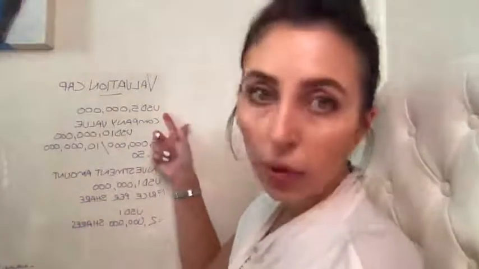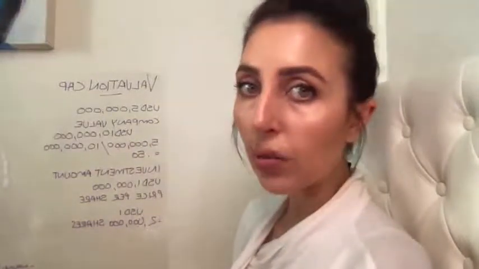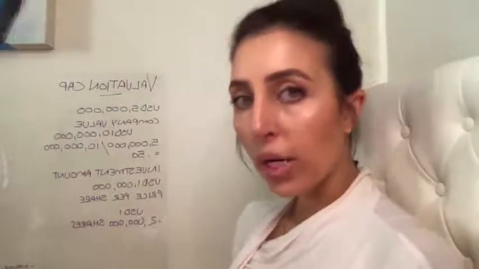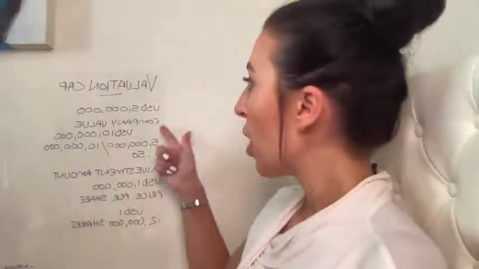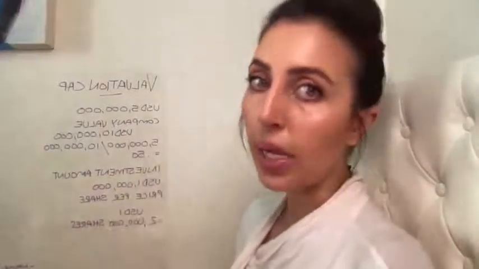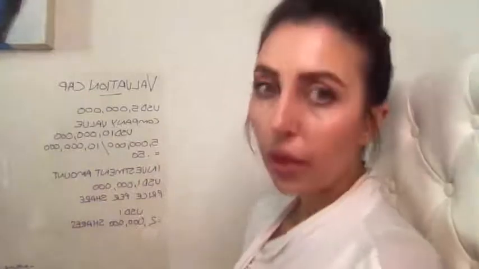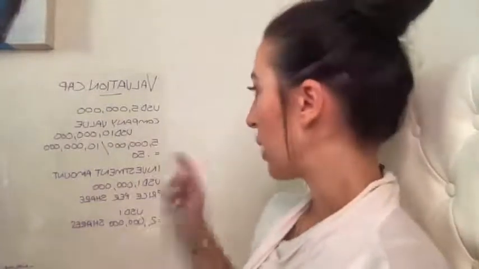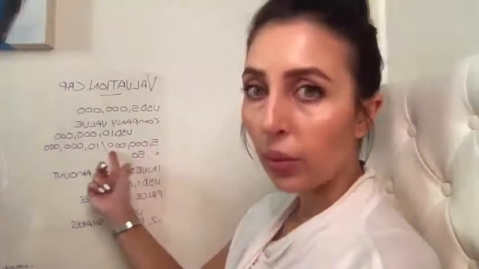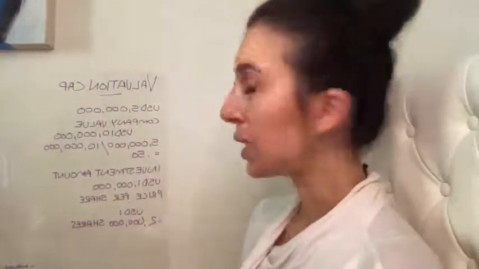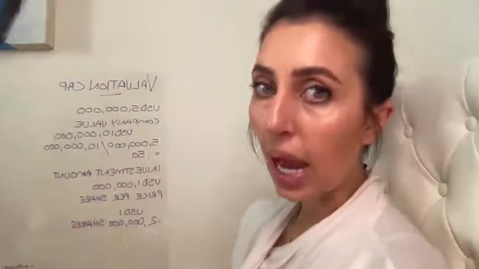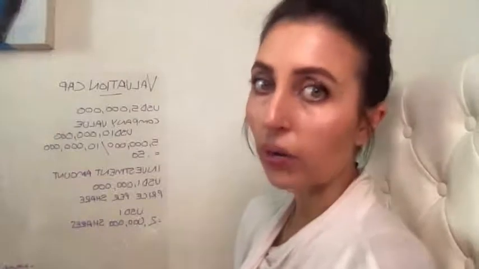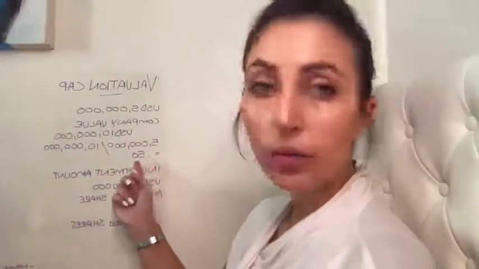So now let's consider the valuation cap. So say for example, the valuation cap that was included in the SAFE was 5 million. Bearing in mind that the trigger point is the next round of equity financing in our example, the company may be valued at that time at 10 million. Therefore, applying the valuation cap formula, you would take the 5 million, which was the valuation cap mentioned in the SAFE, divided by the 10 million, which would be the valuation of the company at the trigger point, which is the next round of equity financing, and you get 0.5.